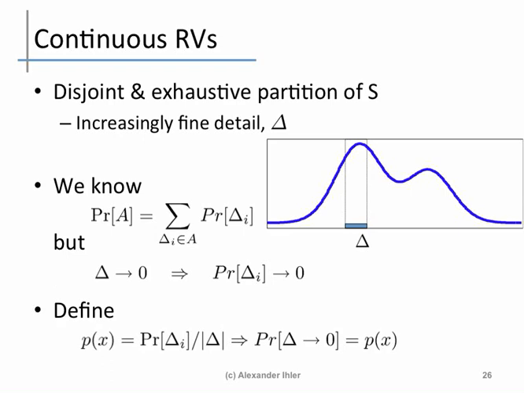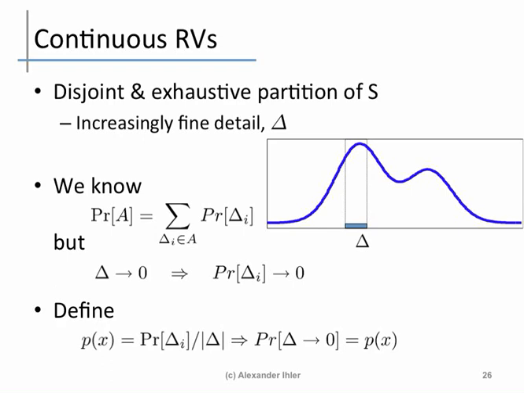So we know that since we've constructed this disjoint and exhaustive partitioning, if we want the probability of any outcome of a set, say some interval of this variable, then what we should do is sum together all of the bins that make up that interval and add together their probabilities. But we have this effect that as the bin size starts to go to 0, the probability of falling within any particular bin also decreases to 0. So bins that are becoming infinitesimally thin have incredibly low probability of ending up in that bin.